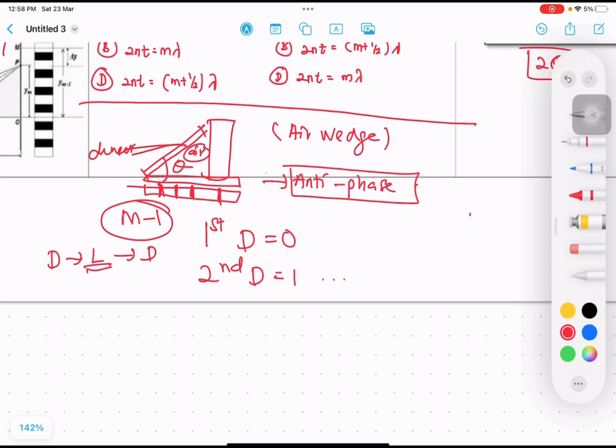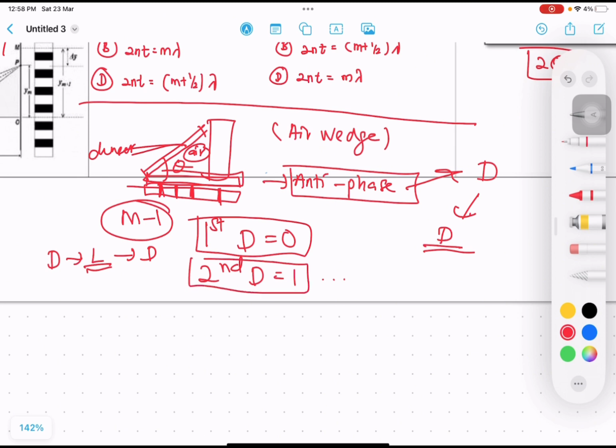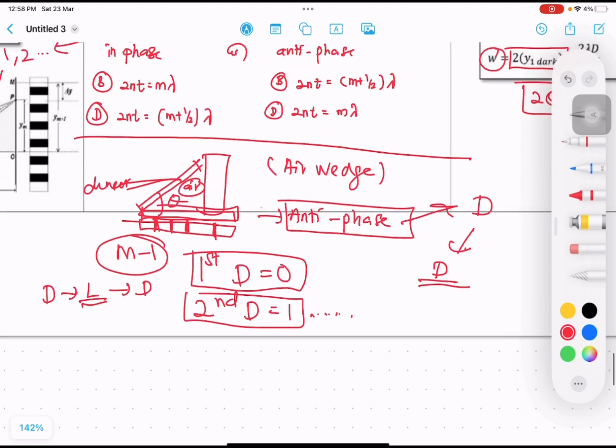For instance, we have air, and then to the denser again. So it's actually antiphase. We know that antiphase is destructive. So destructive, we have to look at the dark fringe, because they don't have the central. So the first dot is 0, the second dot is 1, and the number is increasing.